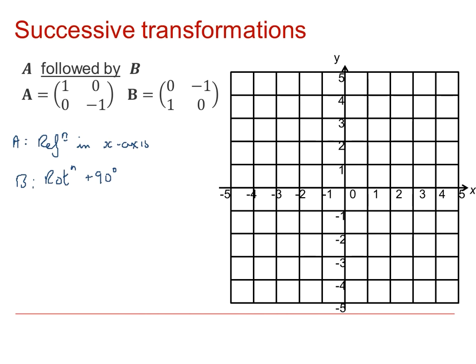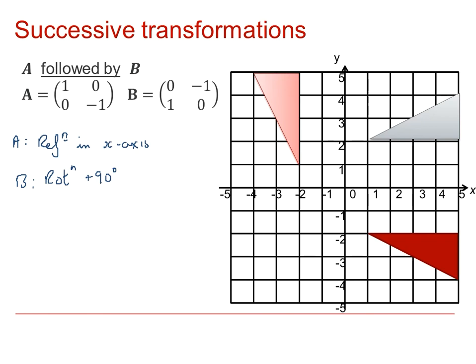So let's look at that happening on our diagram then. There's our triangle. If we first of all reflect it in the x-axis, it ends up at that position, and then we follow that with transformation B, which will rotate that triangle to this position. So we've got the reflection followed by the rotation.